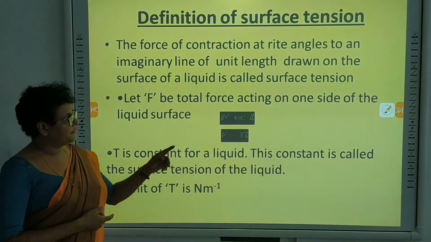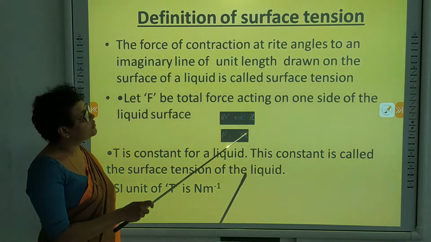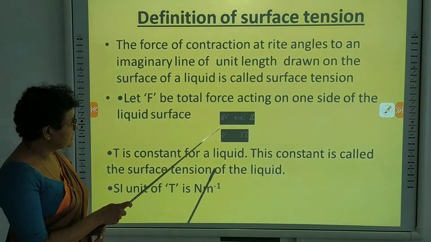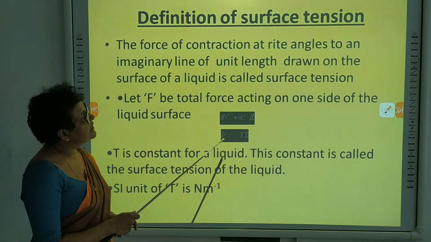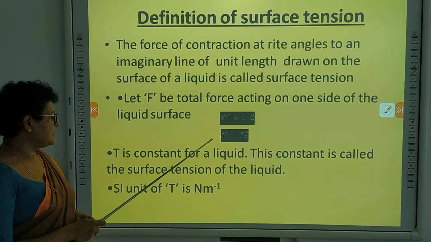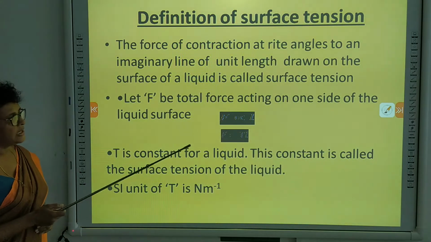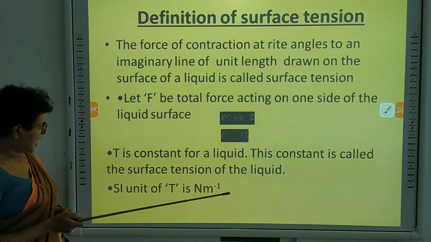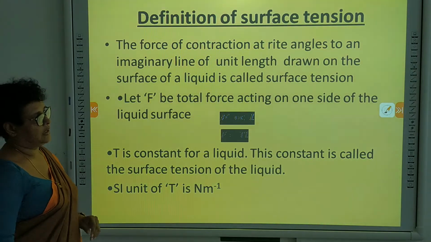Then if F is the force, it is proportional to length. To get rid of this proportionality, we introduce this T. F equals TL. This T is the surface tension of the liquid. T is constant for a liquid. Now the unit of this T is Newton per meter.